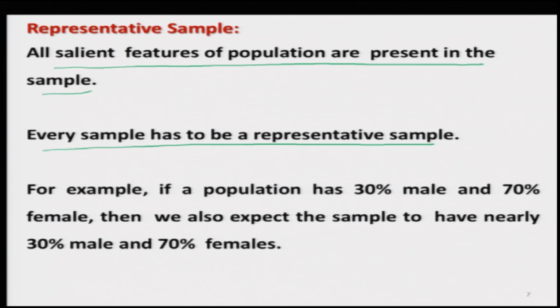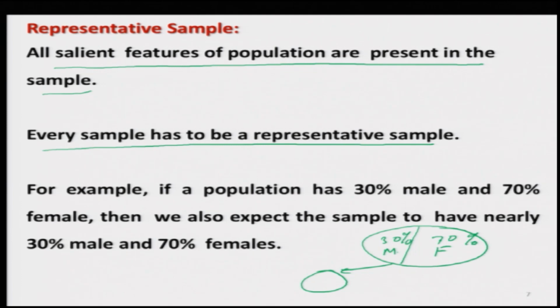For example, suppose there is a population where 30% are male students and 70% are female students, and we try to draw a small sample out of that.